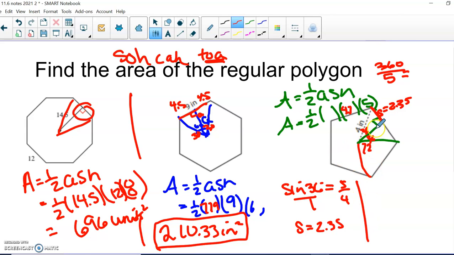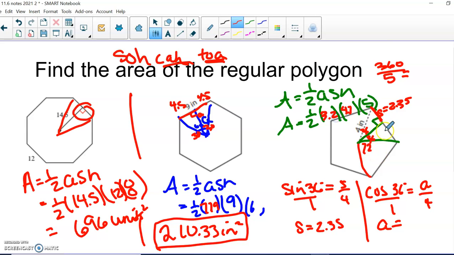Now we're looking for adjacent, and we have hypotenuse. Adjacent hypotenuse tells us we use cosine. So I'm going to say cosine of a 36-degree angle equals adjacent over the hypotenuse, which is 4, we're given. Cross multiply. So I'm going to take cosine of 36 times 4, and it's about 3.2.